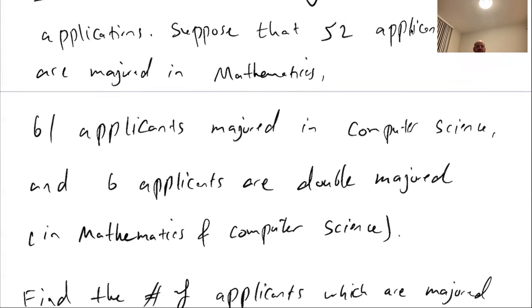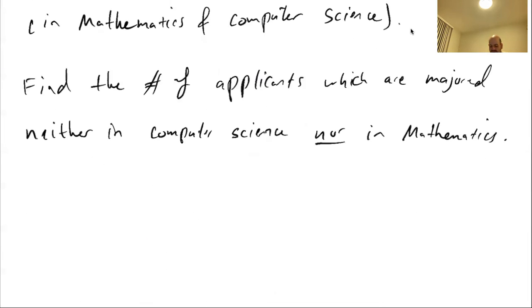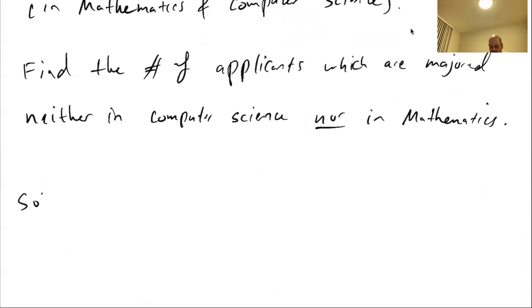So to solve this type of problem, the very first thing I suggest you do is choose set theory notations. You can choose, for example, capital letters A1, A2, and so on for your sets. So we have a few sets here. One set is the set of all applicants majored in mathematics, and one set is all applicants majored in computer science. So let me give notation.